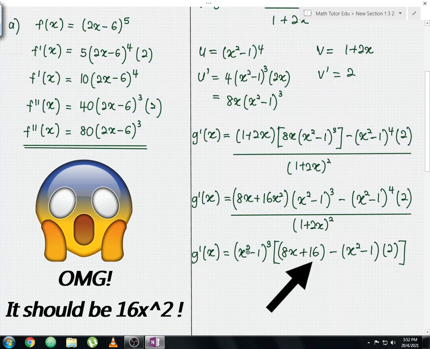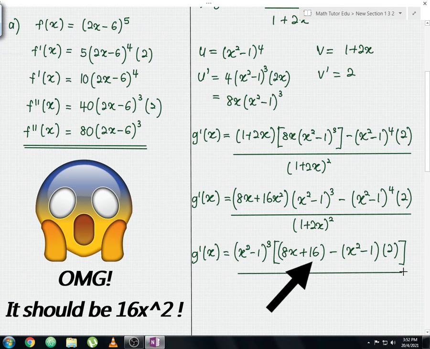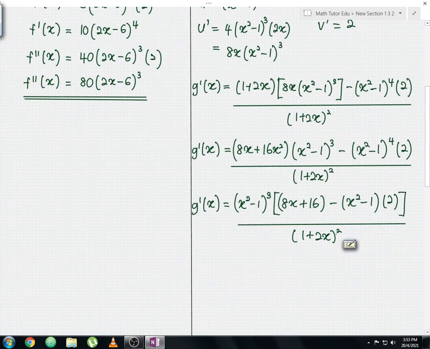When you factor out x square minus 1 power of 3, this 3 will become 0, so it is understood, guys, it should be 1, but you can choose to neglect it. Whereas this power of 4 will be reduced to power of 1, that's why you have here x square minus 1. Let me underline the fraction, so you divide with 1 plus 2x squared. Then you solve the inside square bracket.